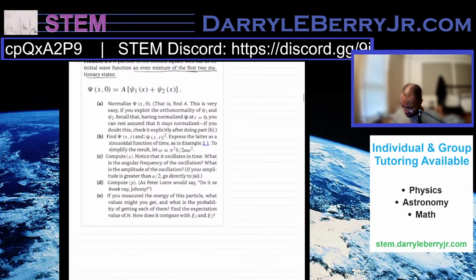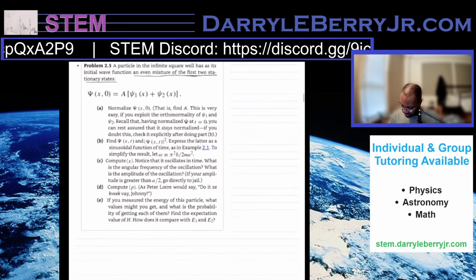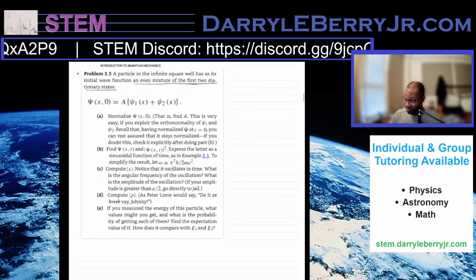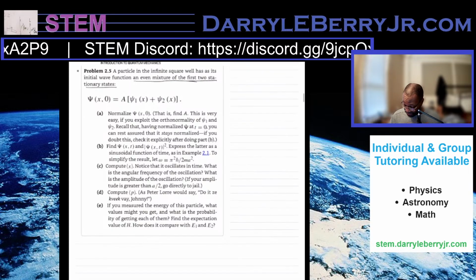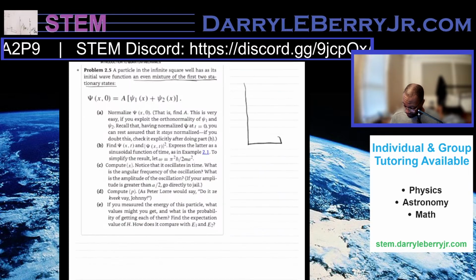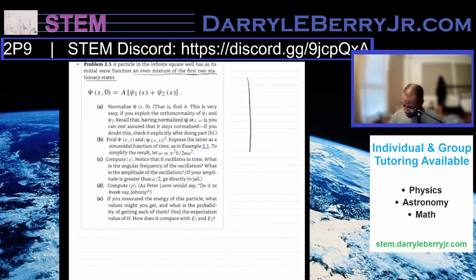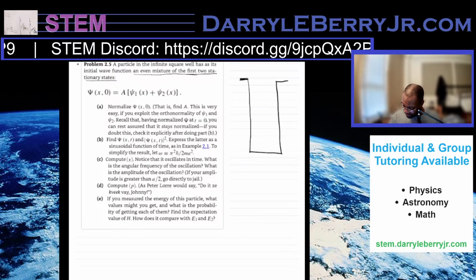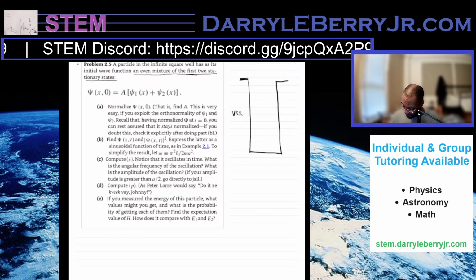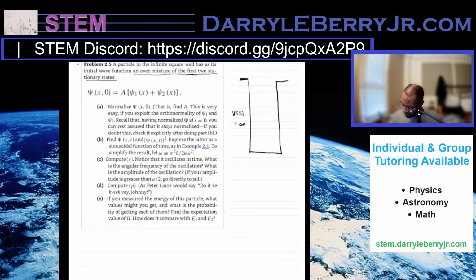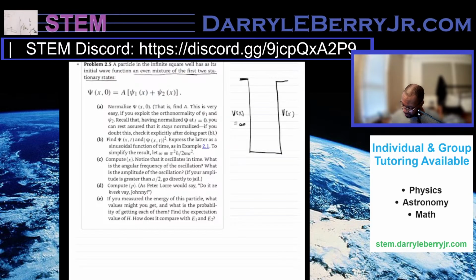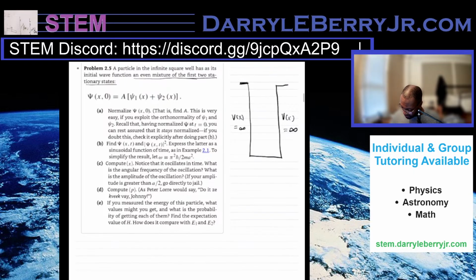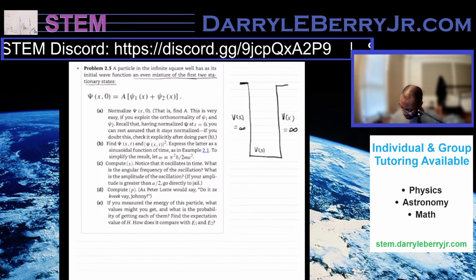So we have an infinite well. This is similar to what I was doing on the other stream, but now we'll go into more detail and I'll actually solve the full thing instead of sort of giving an overview. So we have an infinite square well. This means that the potential here, V of x equals infinity, V of x equals infinity, and V of x here equals 0.